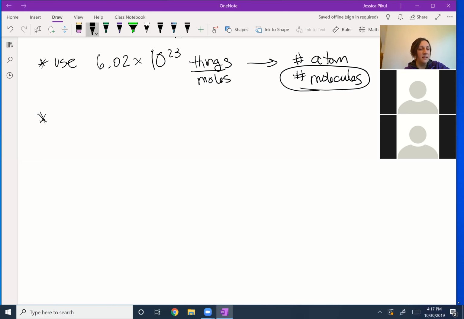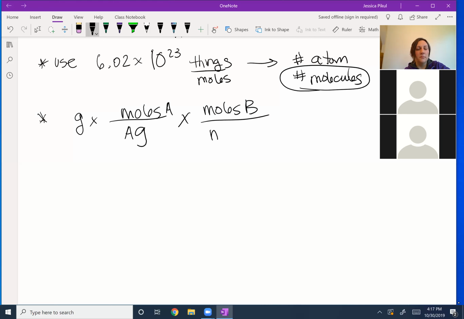What it's saying is we're going to give you grams, we want you to convert into moles, and then we want you to convert into moles of B. And instead of giving us the mass, because we're not going to give you the molar mass, we want to know the number of molecules that it actually is.